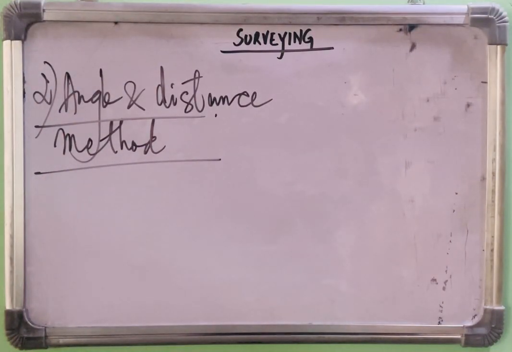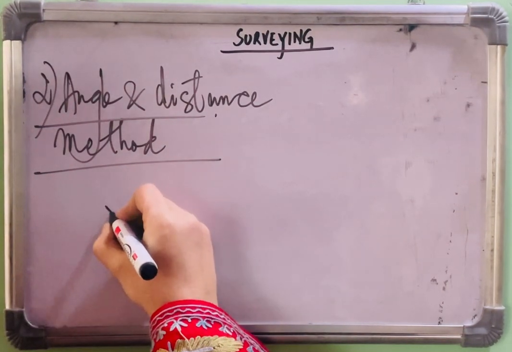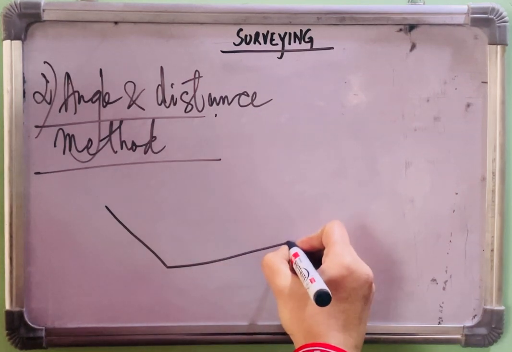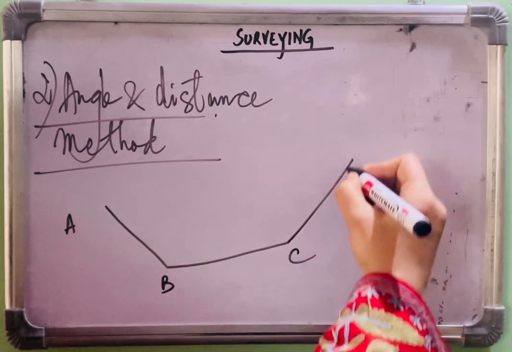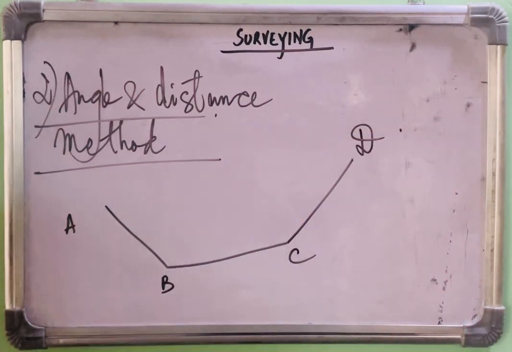Angle and distance method. Let me illustrate this with the help of a diagram as well. The position of the point C with respect to the line AB can be determined by measuring the horizontal distance BC and the angle ABC.